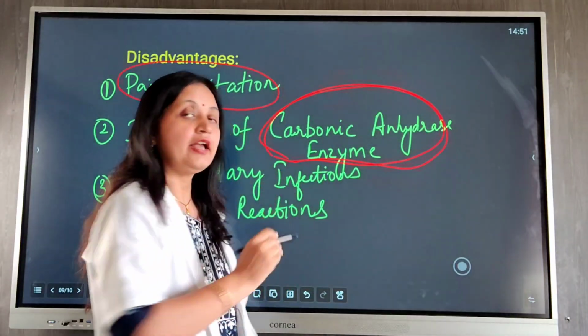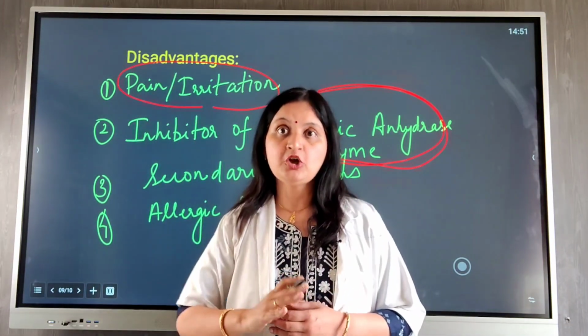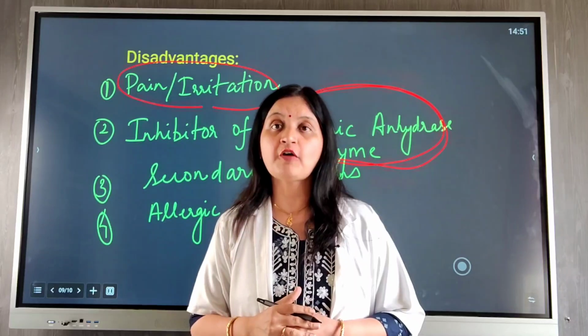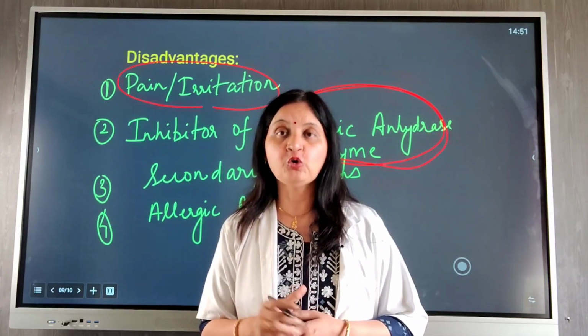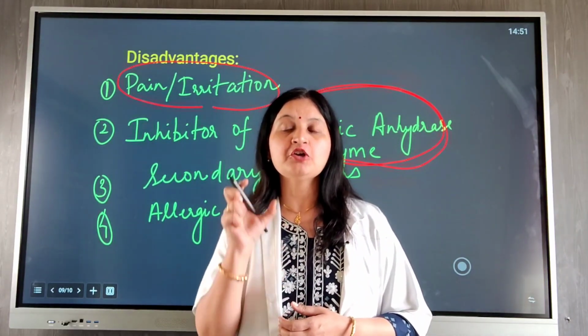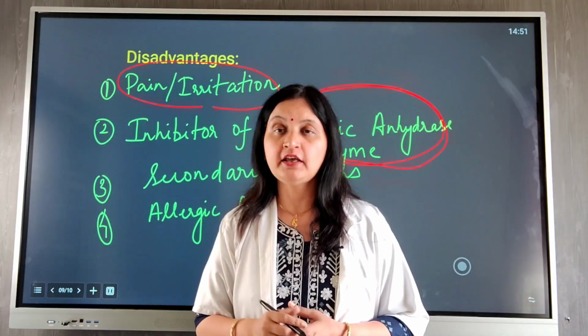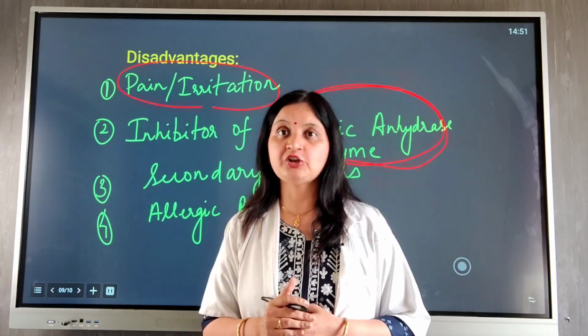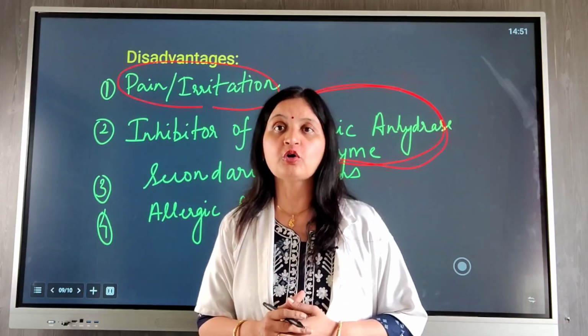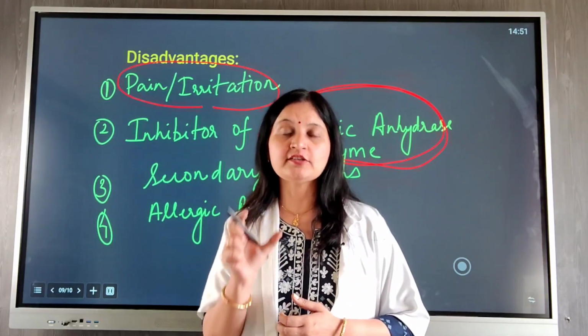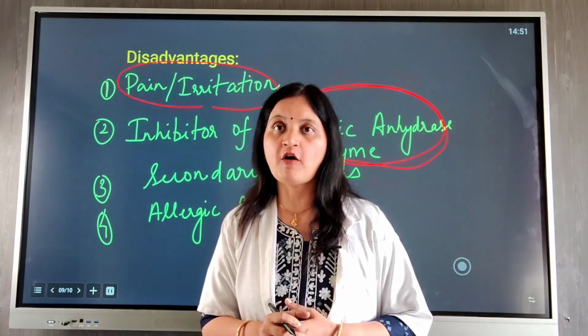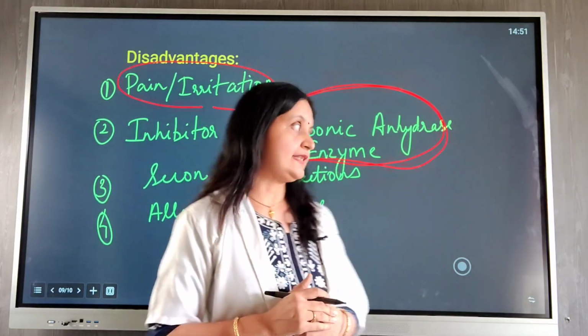So carbonic anhydrase is inhibited, which causes increased excretion of bicarbonate in urine, leading to metabolic acidosis. So metabolic acidosis is a side effect of Mafenide, which limits its use.